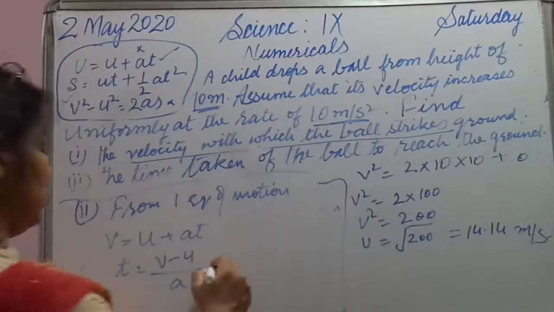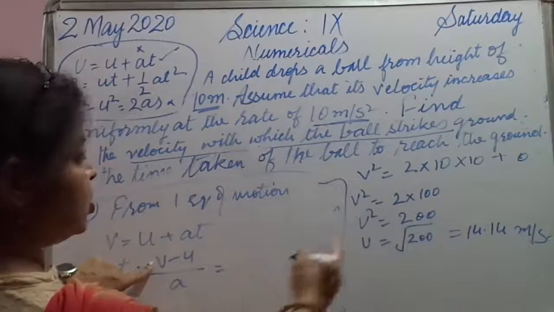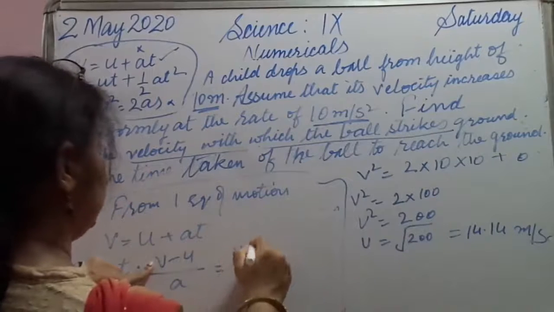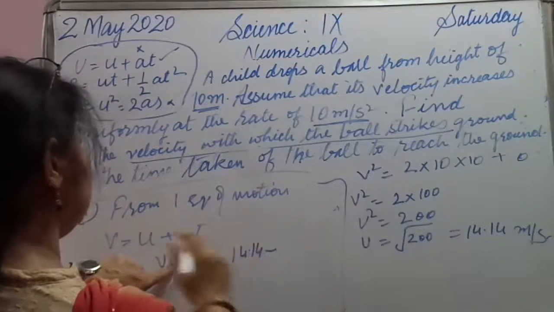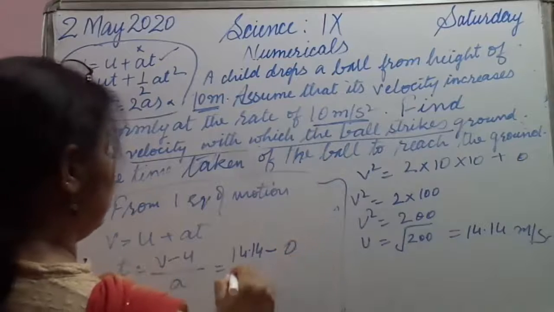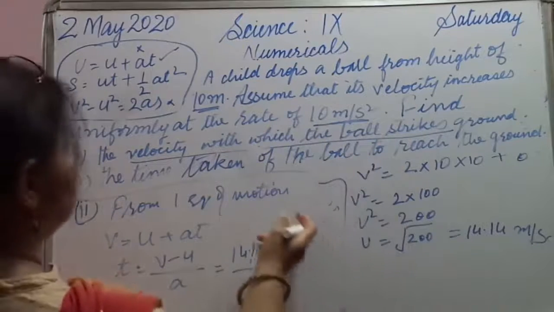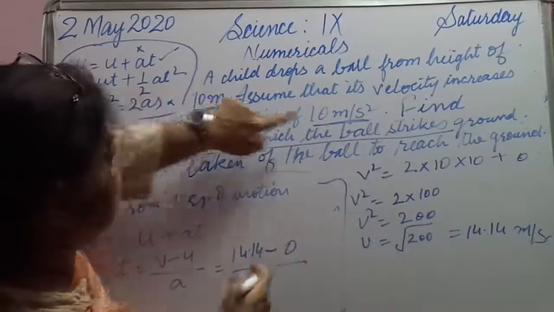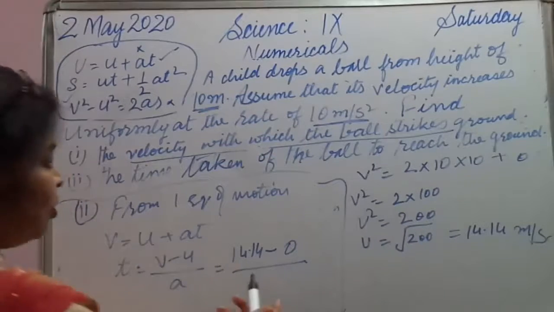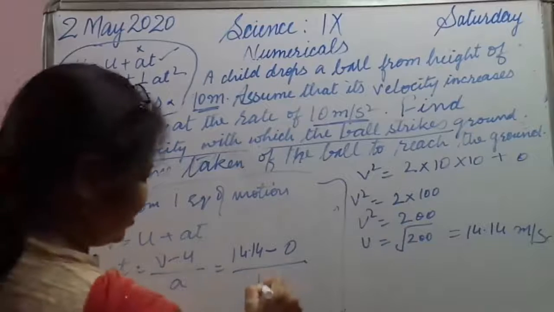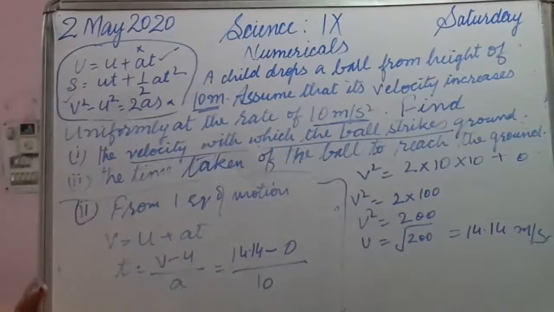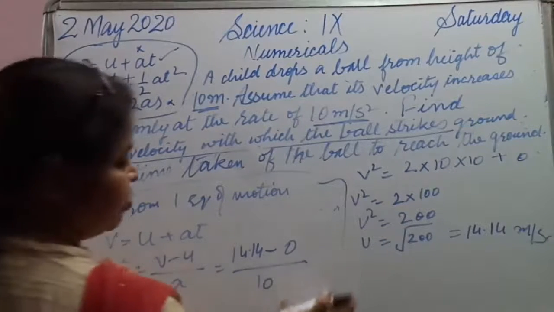So what will be the value of T? V is how much? 14.14 minus U. U is 0, upon A. A is how much? It is given as 10. We have to find out T, of course. So calculate, and what will you find?